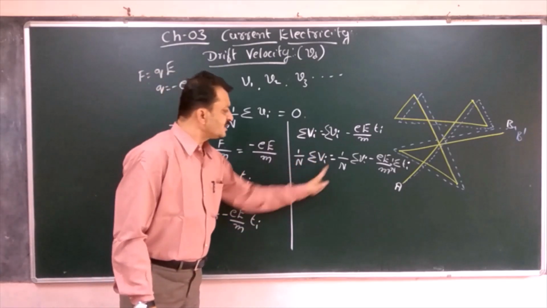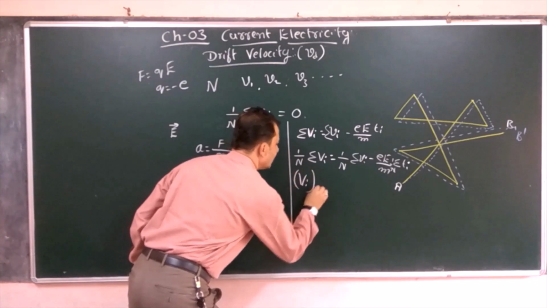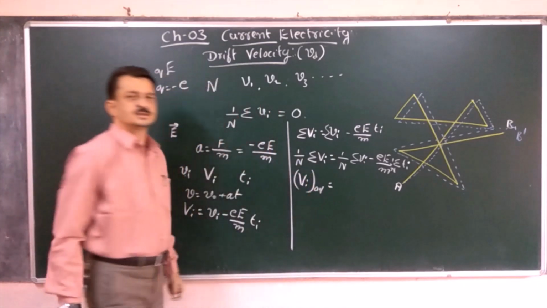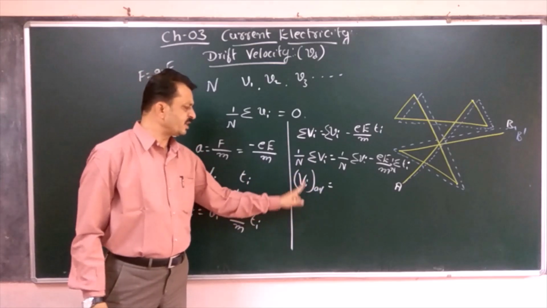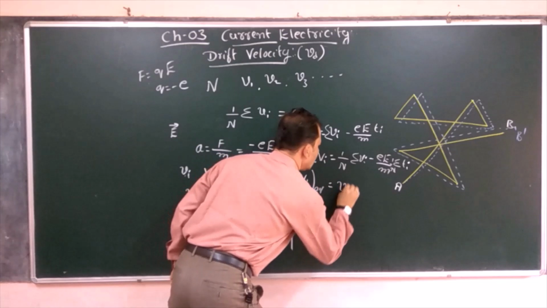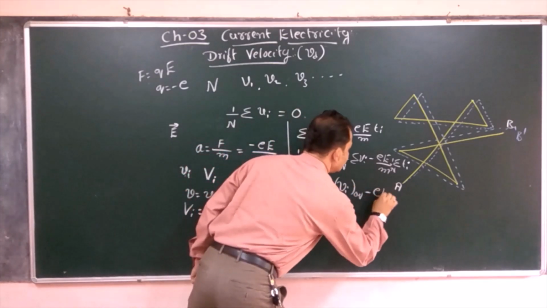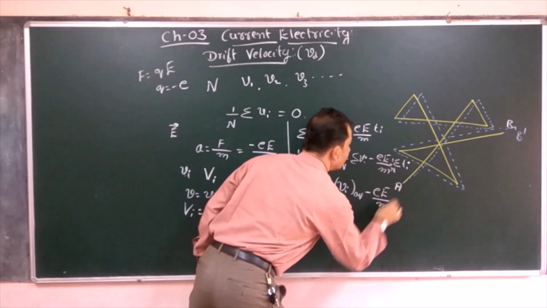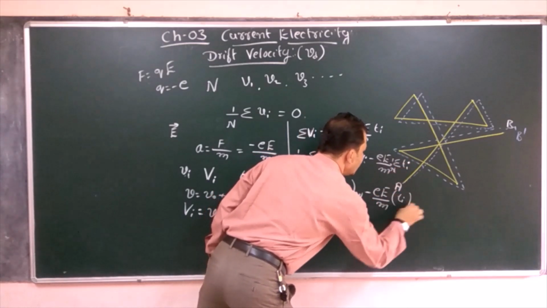Now instead of writing this one, I will simply write Vi average. So instead of writing 1 by n sigma term, I am writing simply Vi average. That Vi average is equal to small Vi average minus capital E divided by M. Now this time average, Ti average.